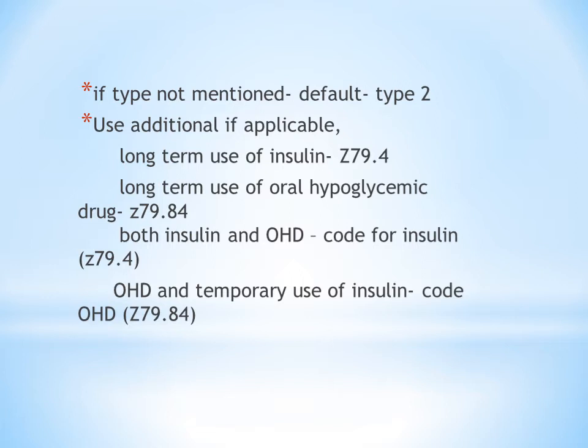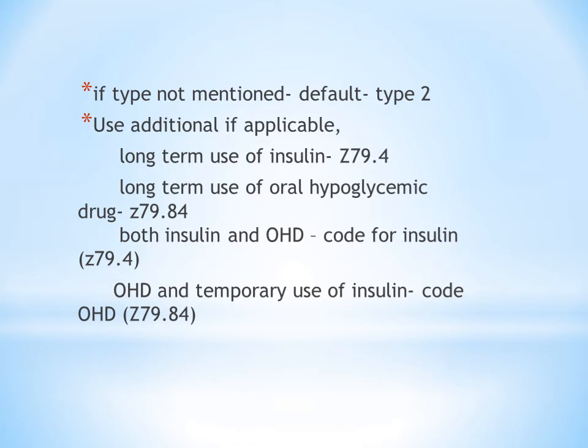Next guideline is use additional code for diabetes mellitus. If the documentation states that the patient is on daily insulin intake, or the patient is on insulin, or on long term use of insulin, we have to code additionally for that status, that is the long term use of insulin code.